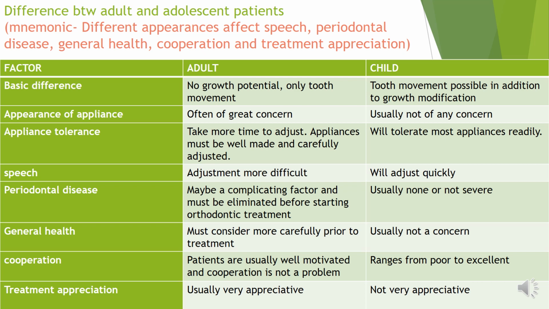In children, the cooperation may range from poor to excellent. Adult patients are usually very appreciative of the treatment. However, children are not that appreciative. Mnemonic to remember the points or factors for differentiating is different appearances affect speech, periodontal disease, general health, cooperation, and treatment appreciation.